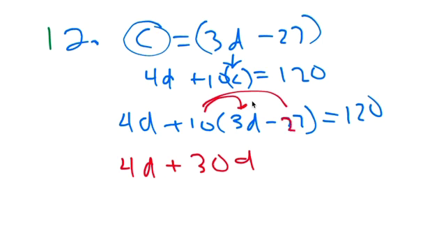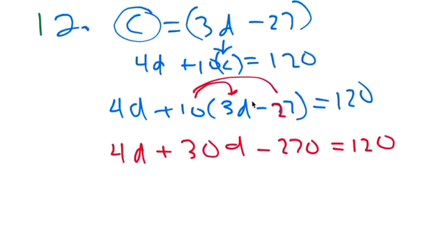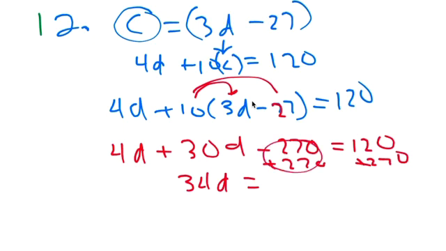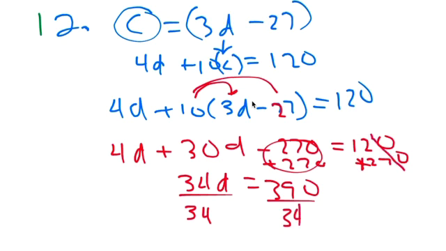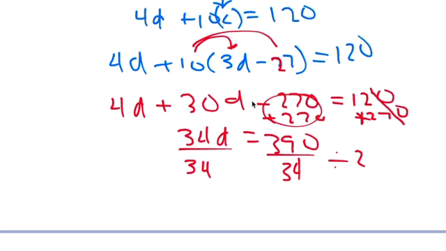It's 27, right? Let me make sure, yeah, minus 120, 34D, 390 divided by 34, reduced by 2, 195 over 17.